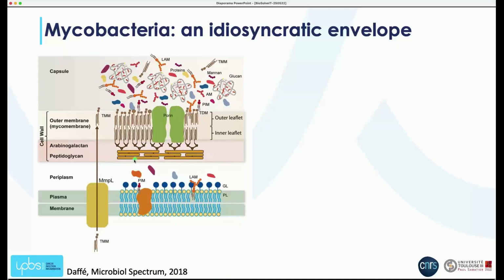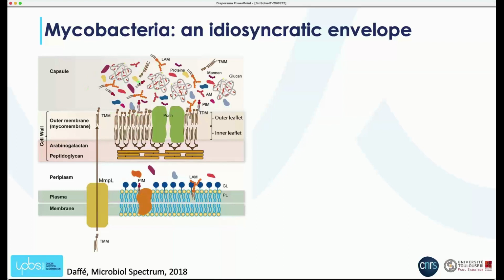But this is where the similarity ends, because the peptidoglycan is linked to an arabinogalactan layer, which itself is covalently linked to the inner leaflet of the outer membrane, built of specific lipids called mycolic acids. The outer leaflet of this membrane is also made of mycolic acids.